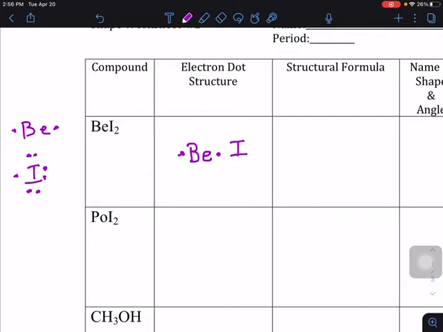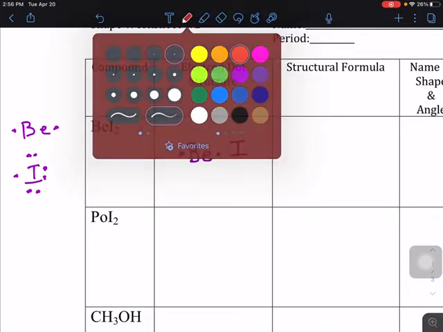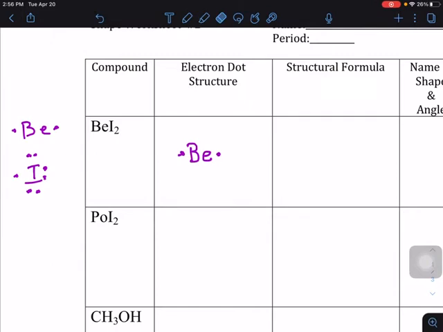Let me change the color here. So iodine has 7. 1 creates a covalent bond with beryllium. 2, 3, 4, 5, 6, 7, and then the other iodine, one of the electrons creates a covalent bond with beryllium. 2, 3, 4, 5, 6, and 7.